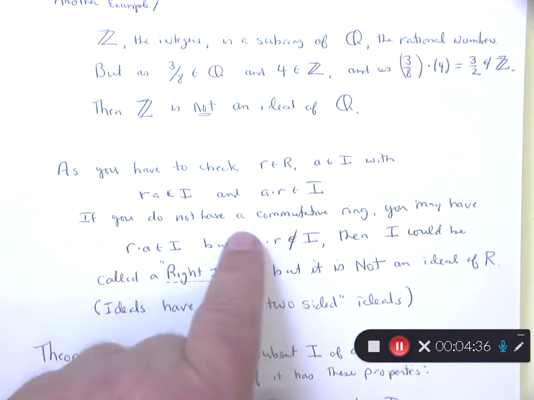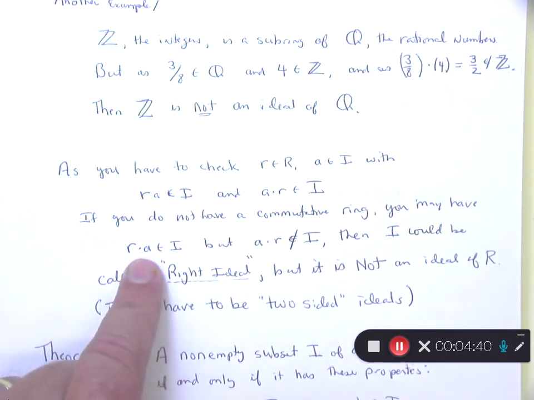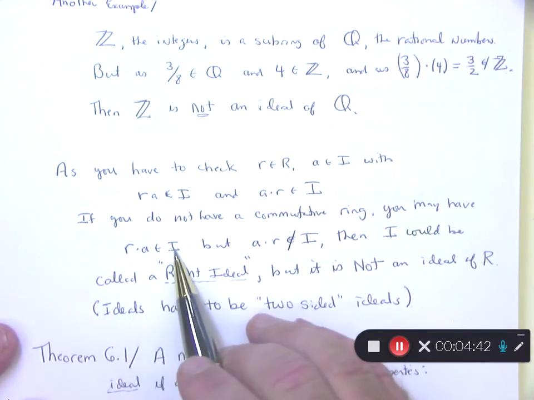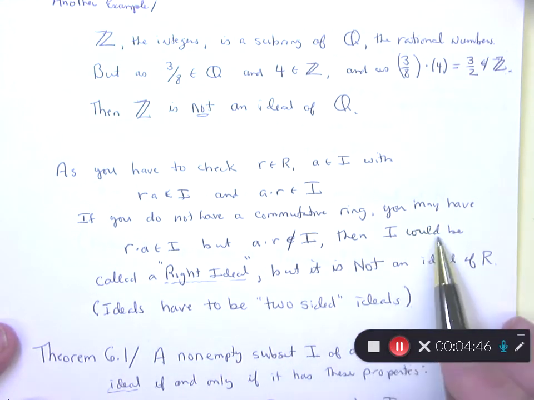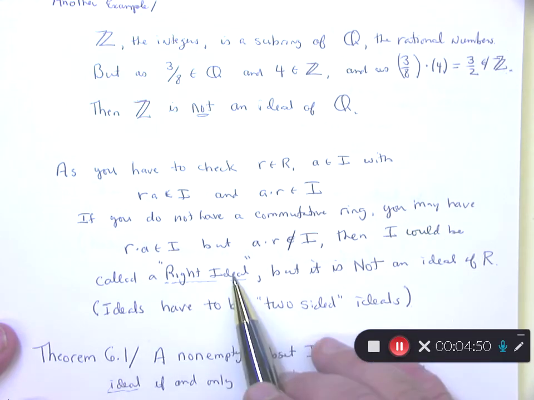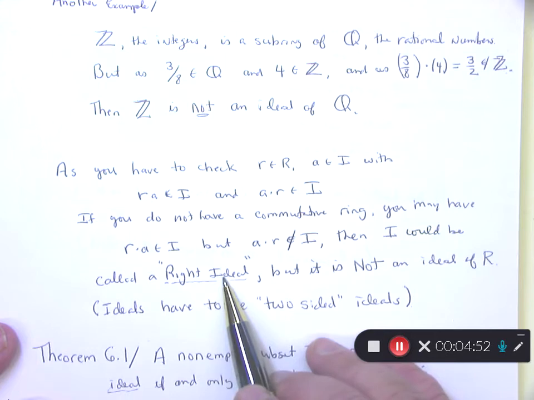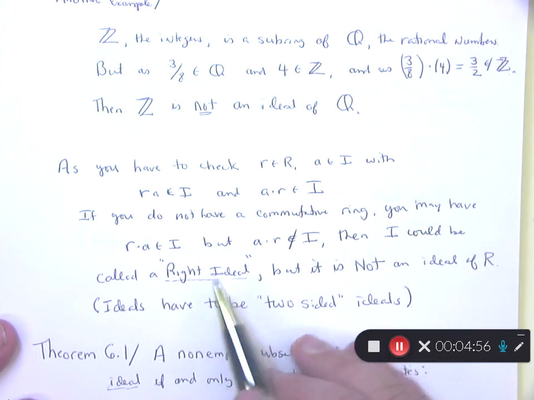If you do not have a commutative ring, you may have this scenario: r times a is an element of I, but a times r is not an element of I. Then I could call this ring an ideal, a right ideal. Now, I could be called a right ideal, and that's a fancy term for it. In math, we're always looking for fancy terms.